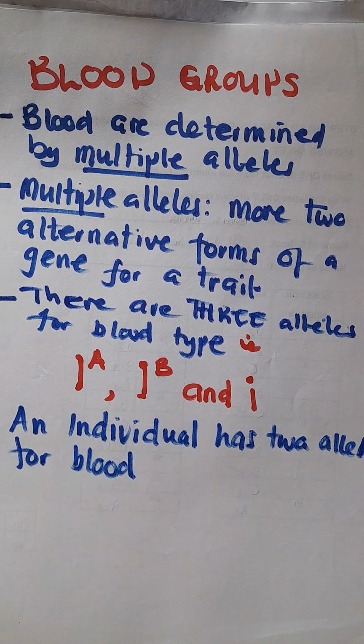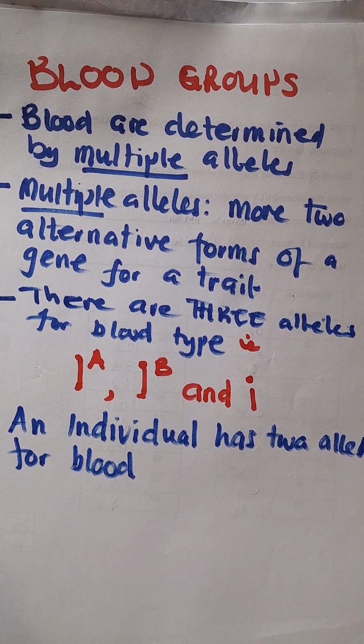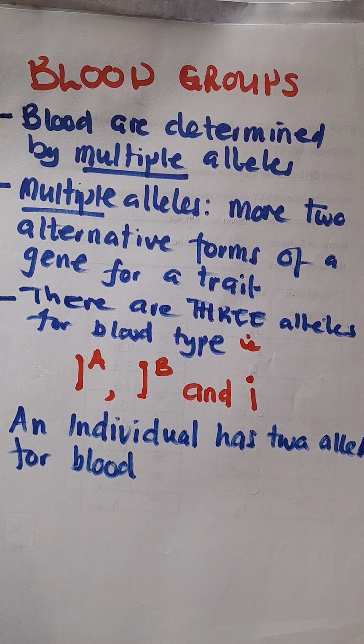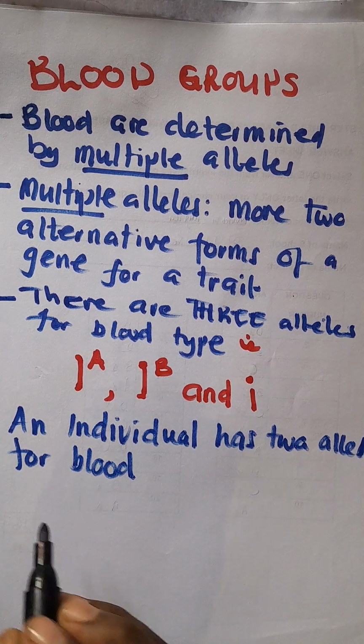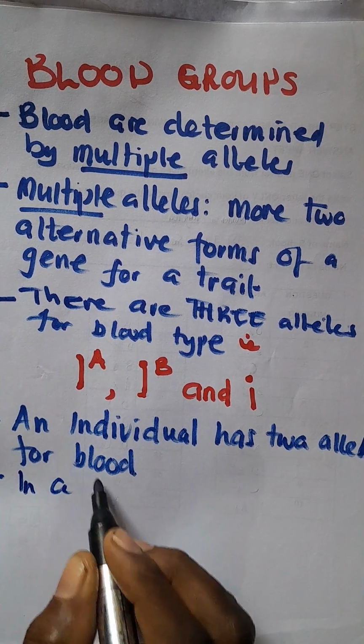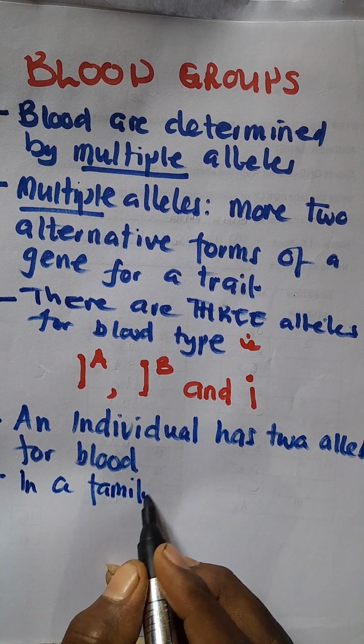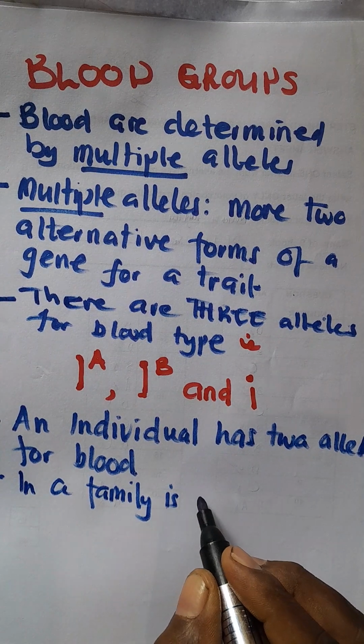Now, in your family, you are just an individual, but your family consists of many members, isn't it? So each member will have two alleles which determine his or her blood group. However, as a family, there are three alleles.